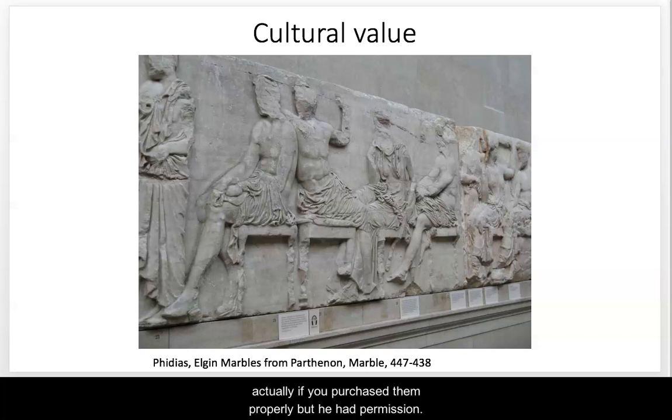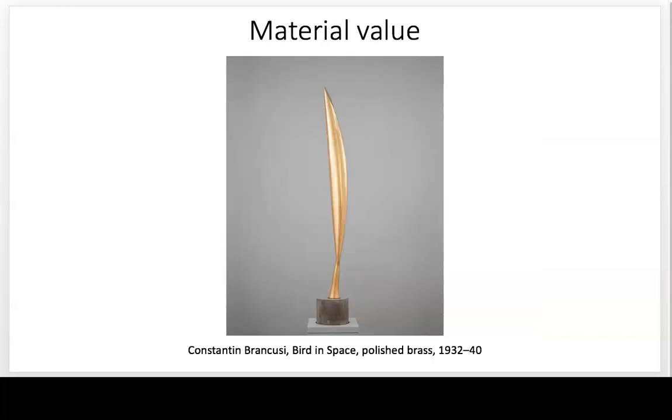I don't know actually if he purchased them properly, but had permission. And the Greek people want them back because they see them as part of their cultural history. And there's been a big fight between the British Museum and them, and the British Museum isn't giving them back. So it's a point of contention. But if a work is stolen or damaged, it means a lot to the people group. So this is a reason why we value art.